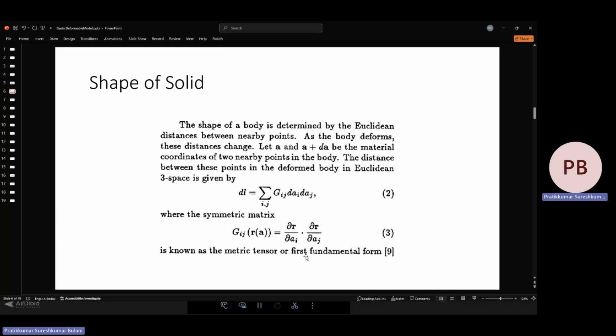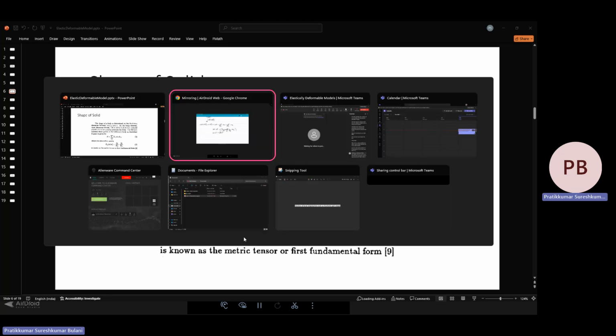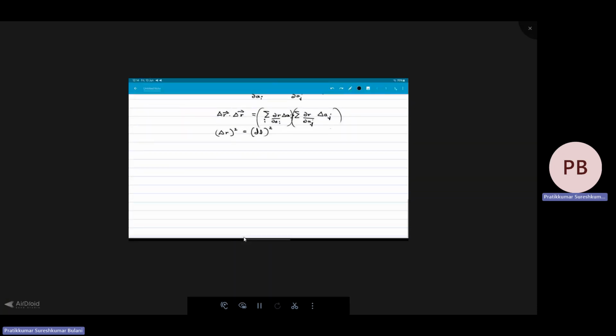So now there is ij. Let's talk about a volume. For volume, ij can vary from 1 to 3. When I take the dot product, I can take the dot product between a1 and a2.